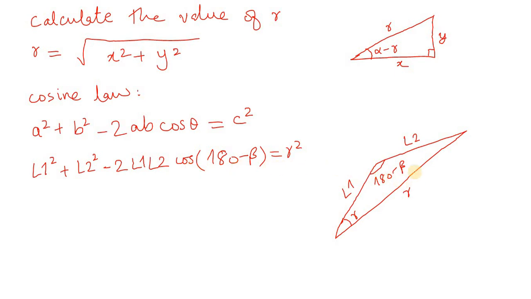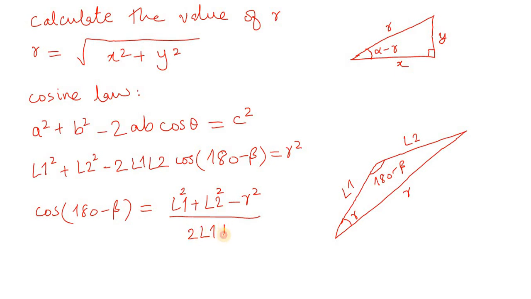So we have applied the cosine law on this triangle, and from here you can write it down like cosine of 180 minus beta is equal to L1 square plus L2 square minus R square, divided by 2 L1 L2.